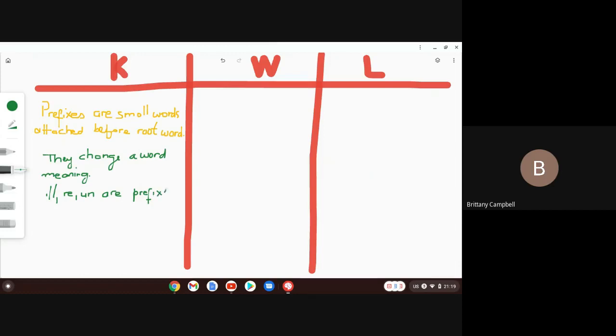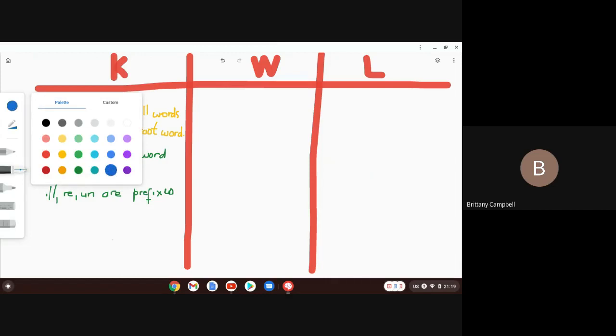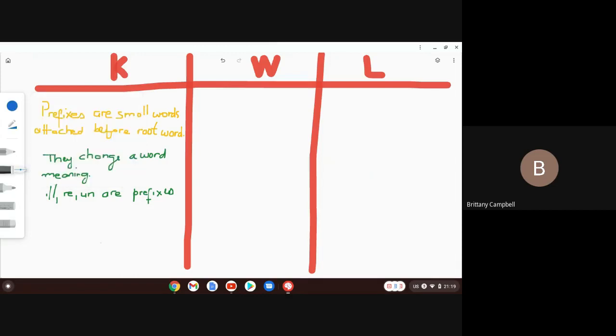Are prefixes. Let me write the S better. All right, awesome. What else do we? All right, yes, a prefix. I like that. So a prefix, yes. Let me write that on the screen, a prefix. I hope that's so. We're taking notes, you know.